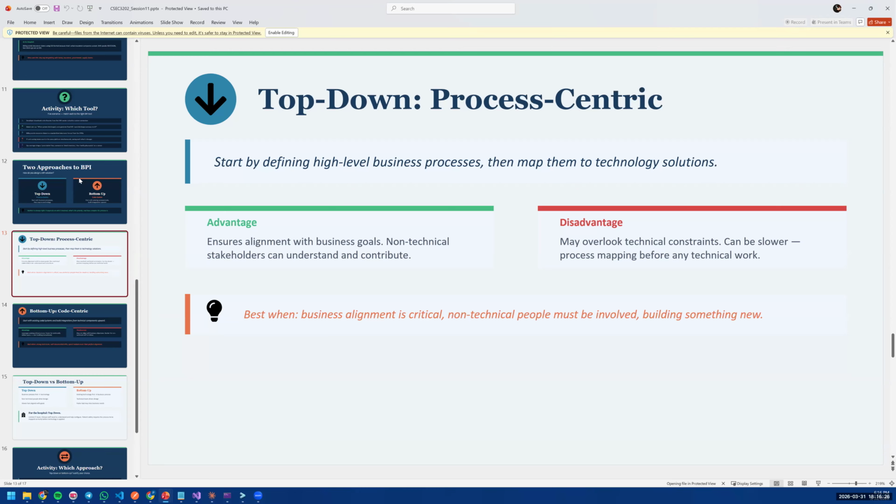The reason we said it is possible to overlook a technical constraint is that when you're looking at the problem in a non-technical way, you try to find solutions that don't involve code or apps or whatever. You just try to figure out how you'd solve this in a general way.